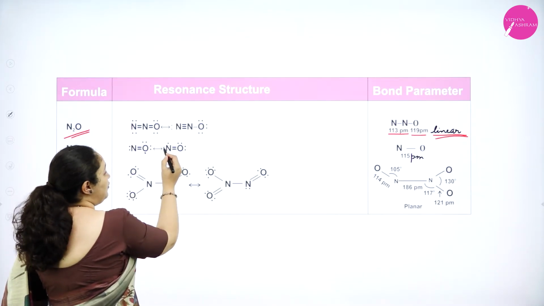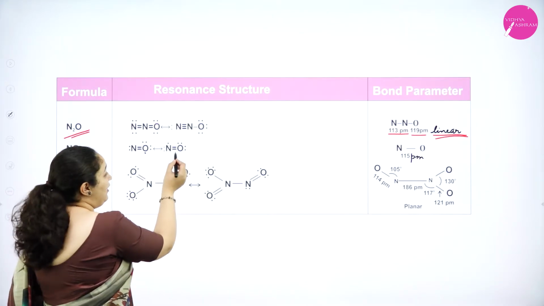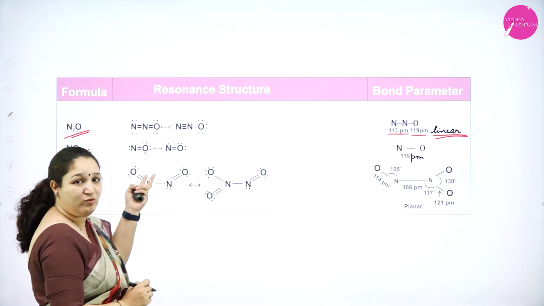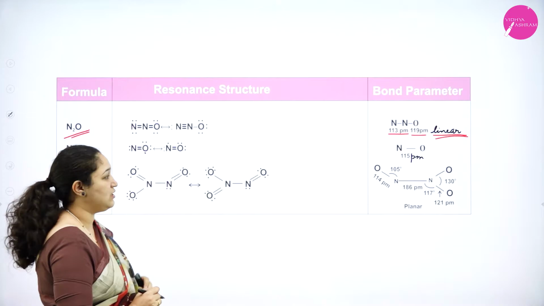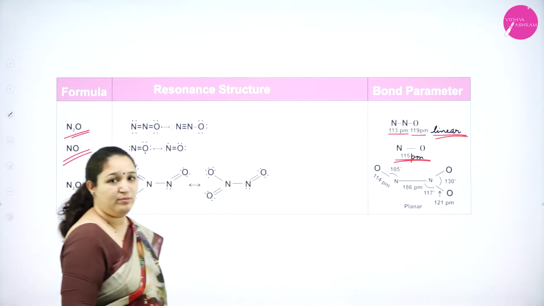For nitrogen I have put 2 and 1 electron so that it gets an octet, and on oxygen we have put 2 lone pairs of electrons. So these are the 2 ways of writing the Lewis dot structure, or we can say there are 2 resonating structures, and here the bond length is 115 picometer.